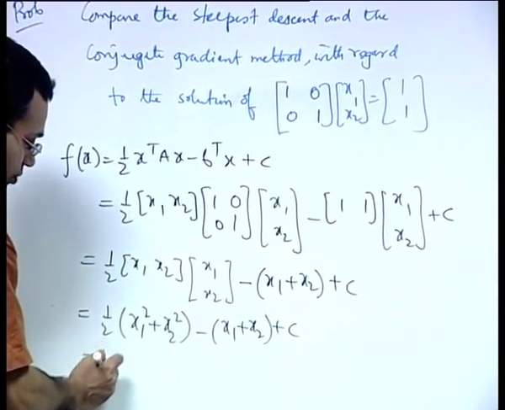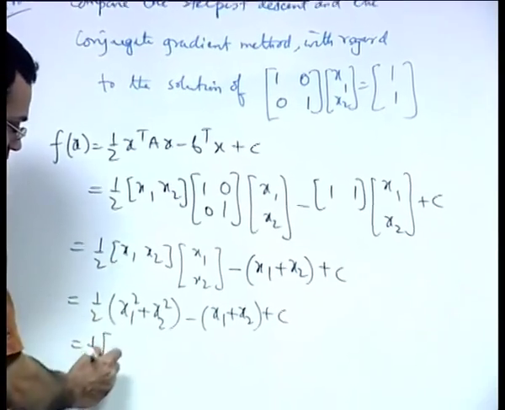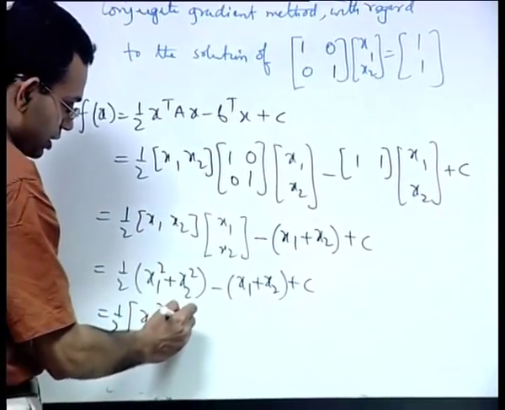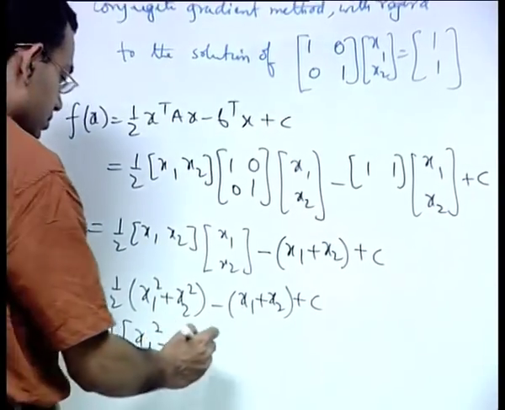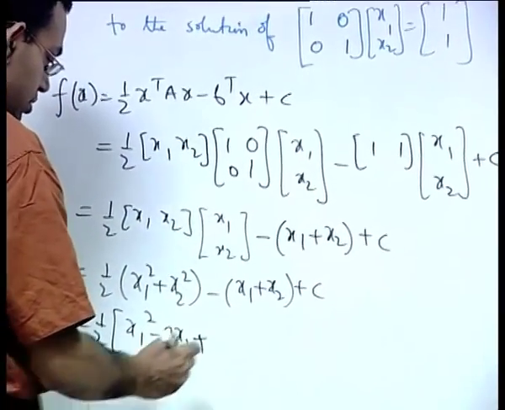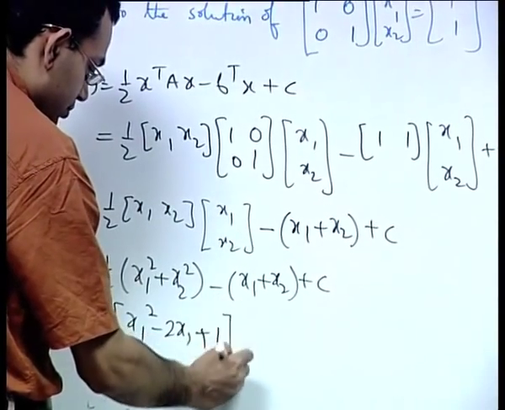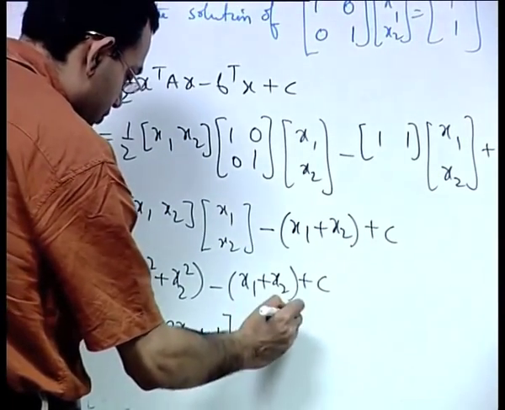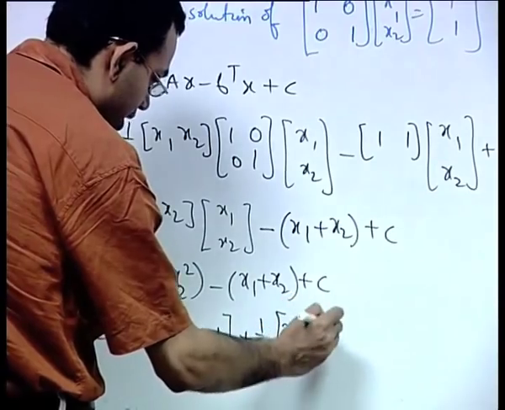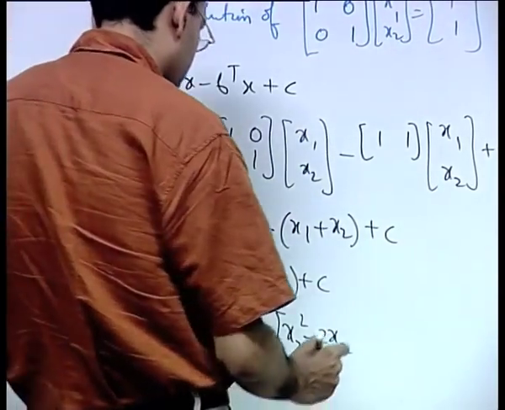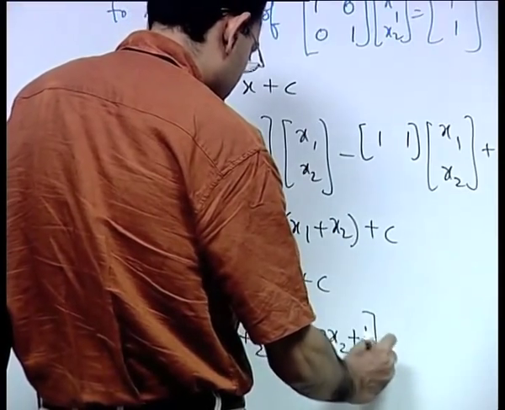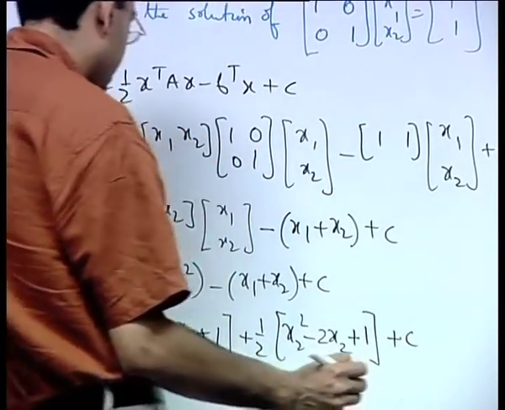So to do that, we will write half of x1 square minus 2 into x1 plus 1, plus half of x2 square minus 2 into x2 plus 1, plus c.